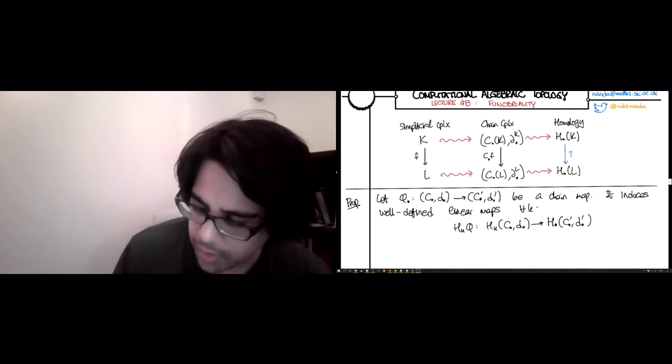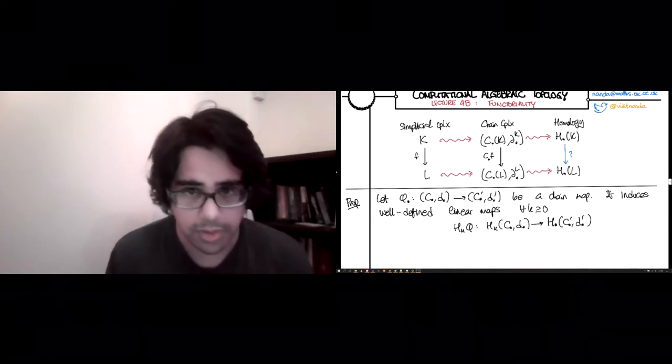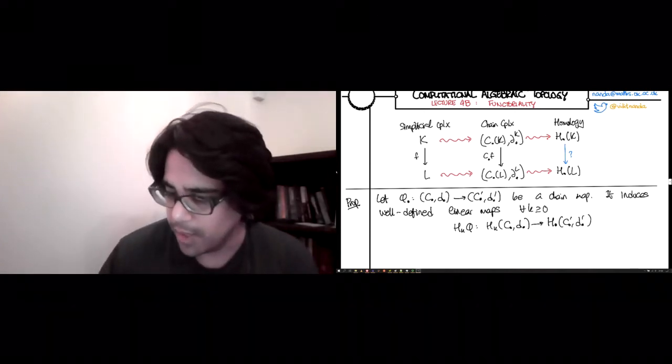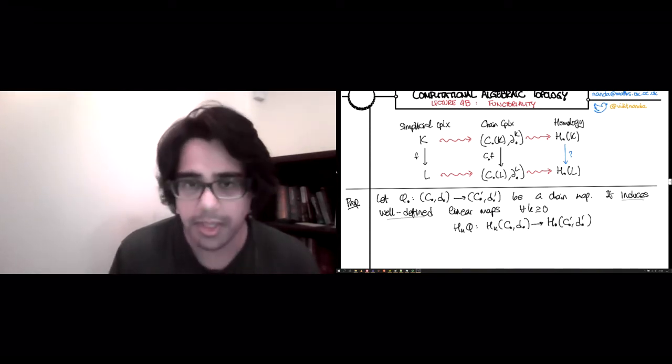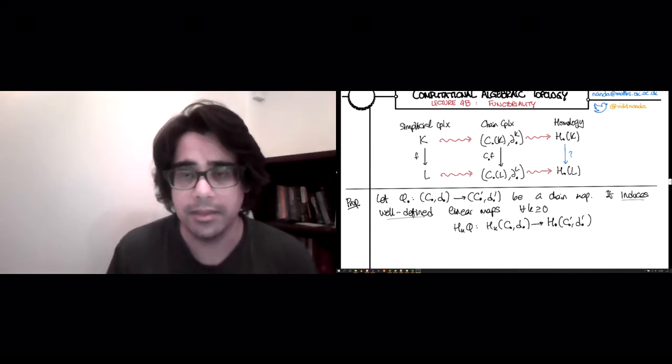And this is true for every dimension k bigger than or equal to 0. Now, I guess this might sound strange until we explain what induces well-defined maps means here.